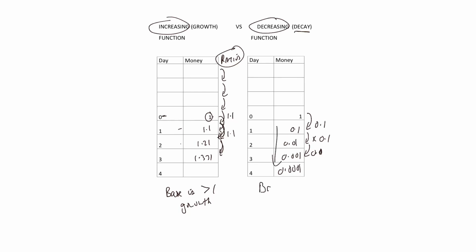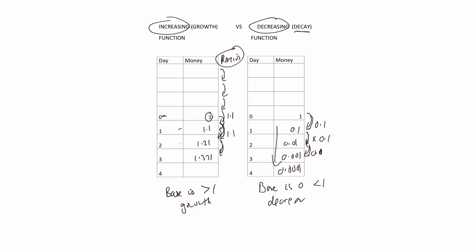So when the base, meaning the number that you're multiplying, is less than 1, and above 0, because we want the base to not go into the negatives, what's happening is that this number is going to decrease.